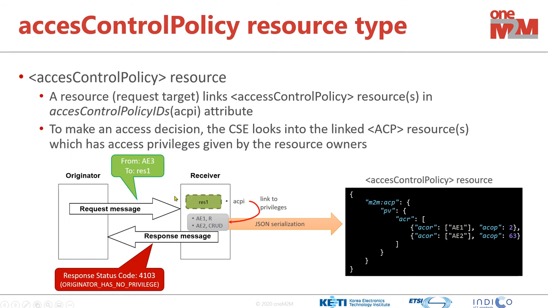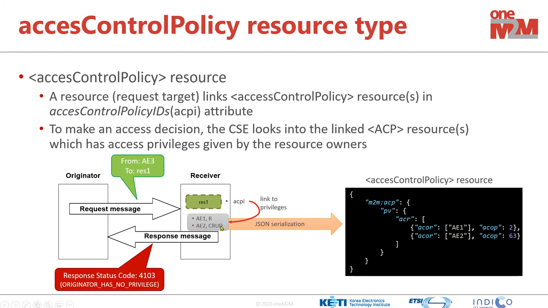So the CSE knows that the request is for resource 1, and resource 1 has the privilege setting, and it can get the privilege information once it checks the ACPI attribute value, and with the link, it fetches the other resource, which is the access control policy resource, like here.